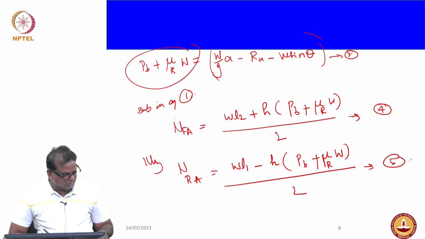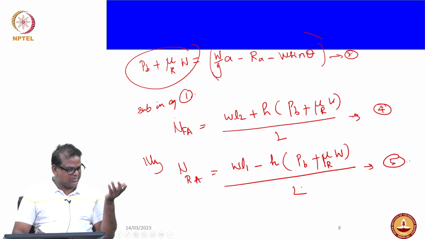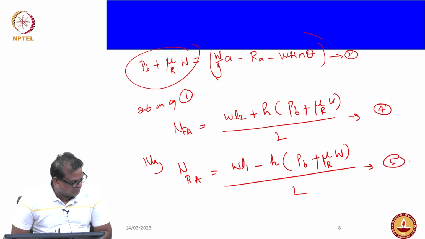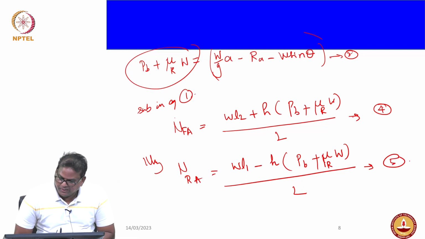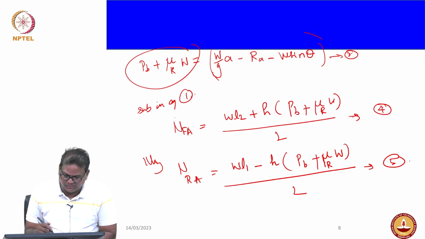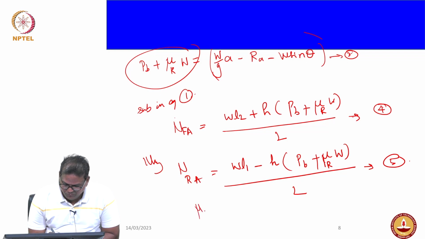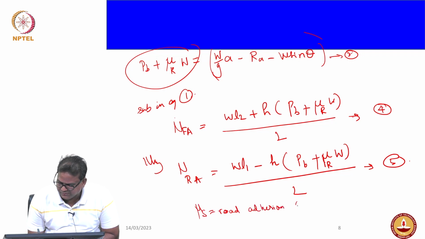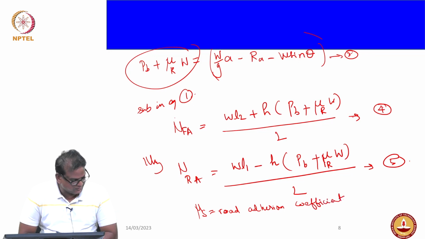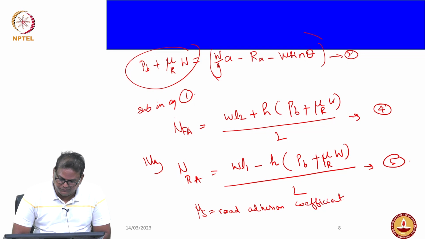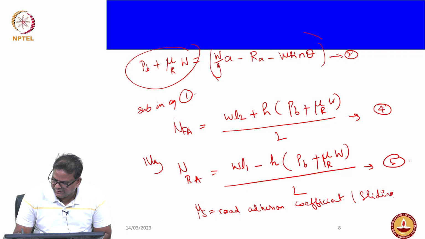So mu R is the rolling resistance, the rolling friction between the tire and road. But I would like to introduce one more thing called mu S. Mu S is the road adhesion coefficient. The road adhesion coefficient indicates the sliding aspect.